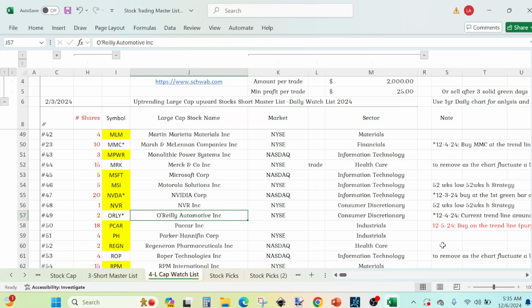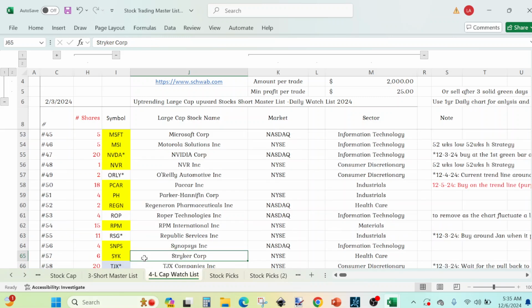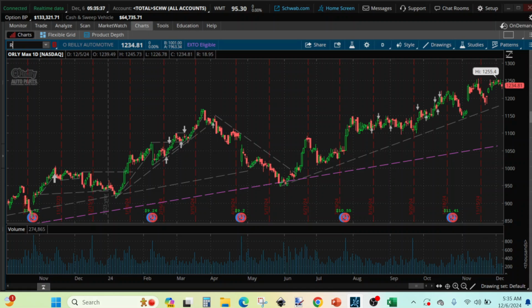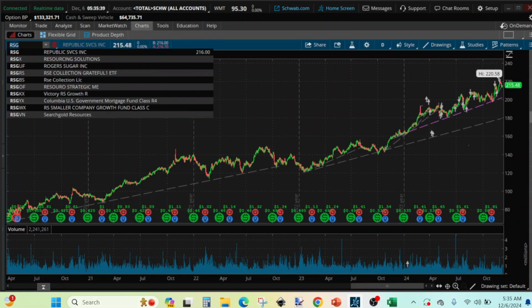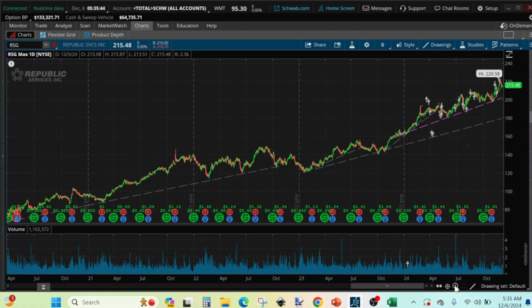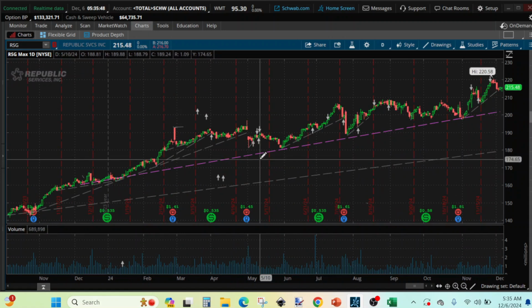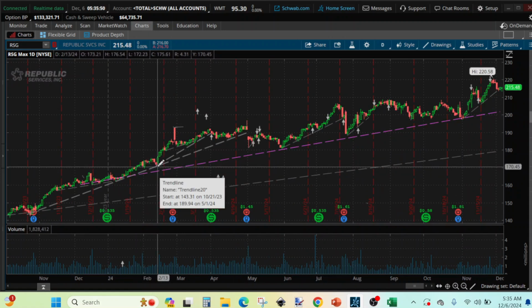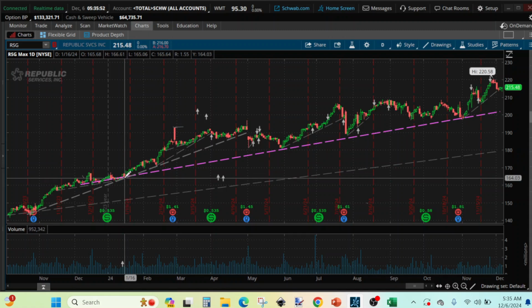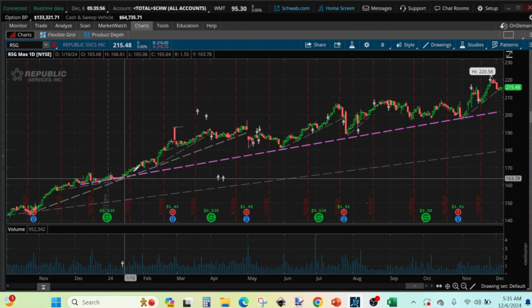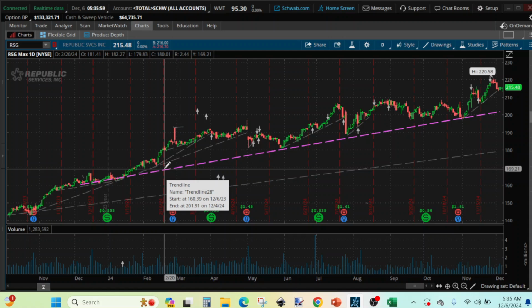ROP is something that I want to remove as well, so therefore I'm not going to analyze it. RSG, we are going to wait on it on the purple line and go from there, but knowing that it could go up for a month or so before it starts pulling back.